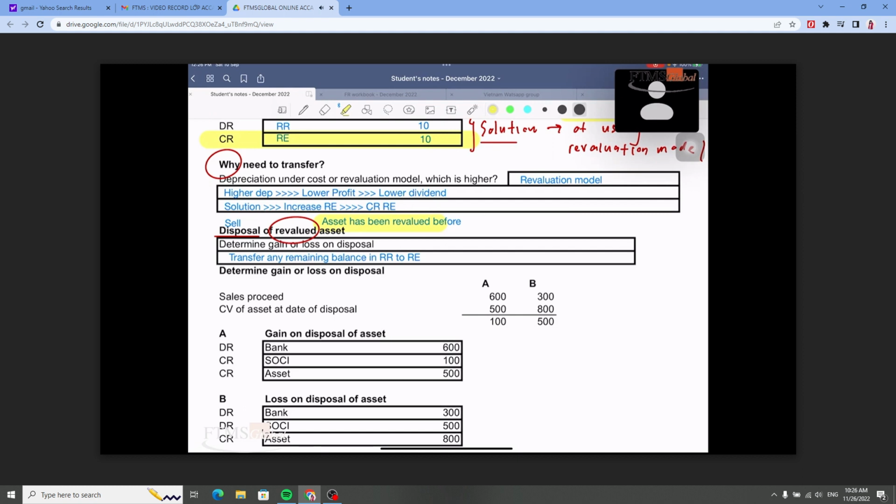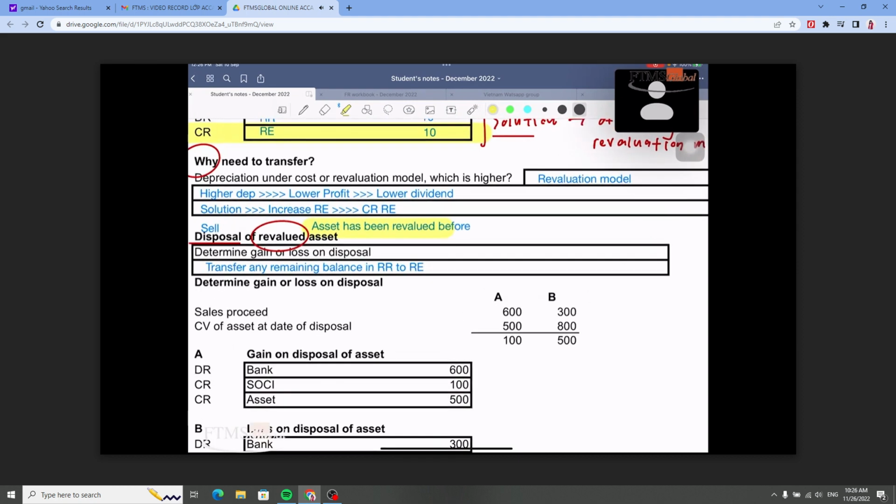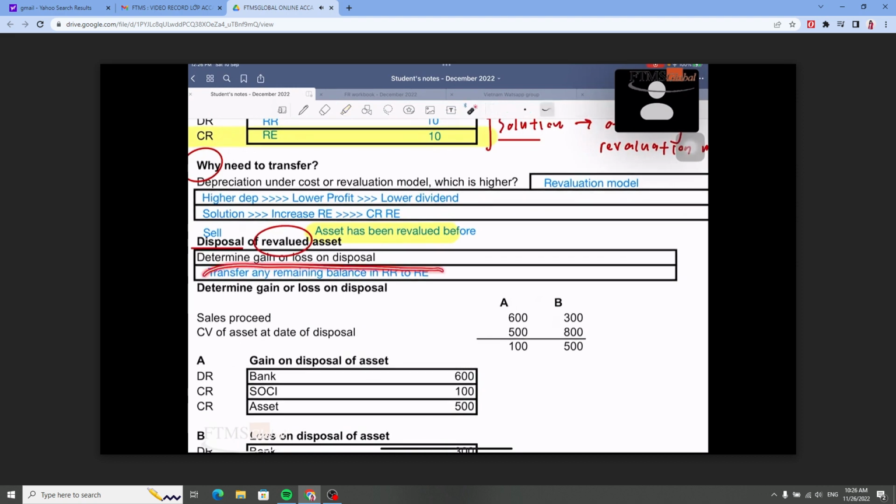I think this step is also quite common sense. Quite common sense why you need to do this. I just give you one scenario. You just imagine if I do not do this step, what will happen? My asset has been revalued before, which means I have some balance in my RR relating to this disposed asset.